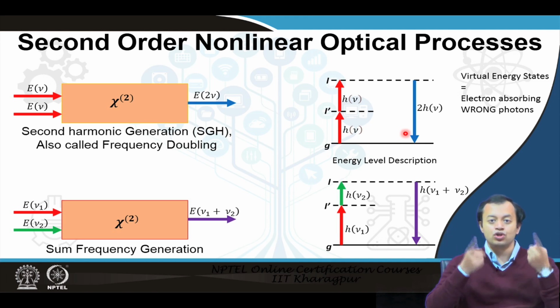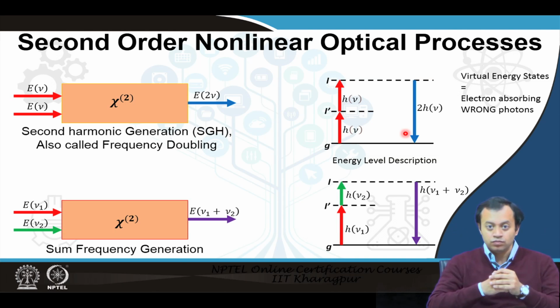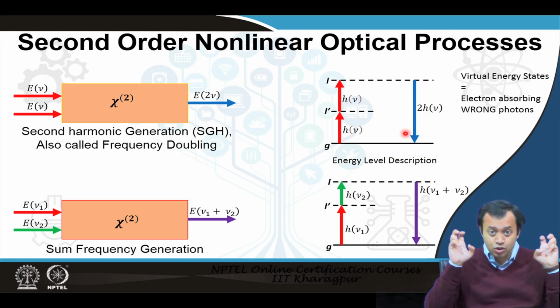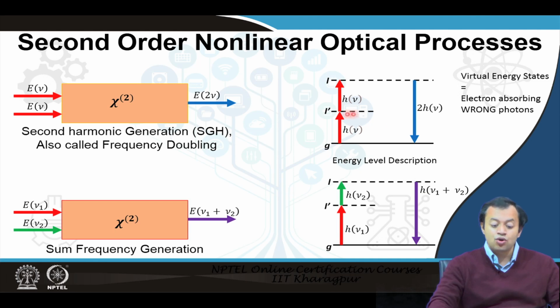You send two photons of the same frequency, you get the output as a sum, an addition of these two. And how does that happen? We have come to this explanation: the electron, because of the presence of the intense beam of light, this is a complex conjugate molecule, an anisotropic material, this material has a non-uniform distribution of electrons around it.